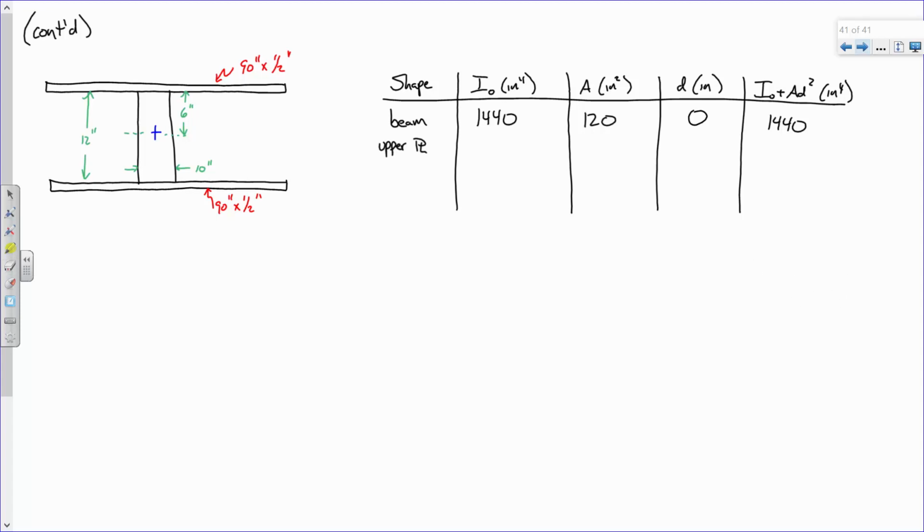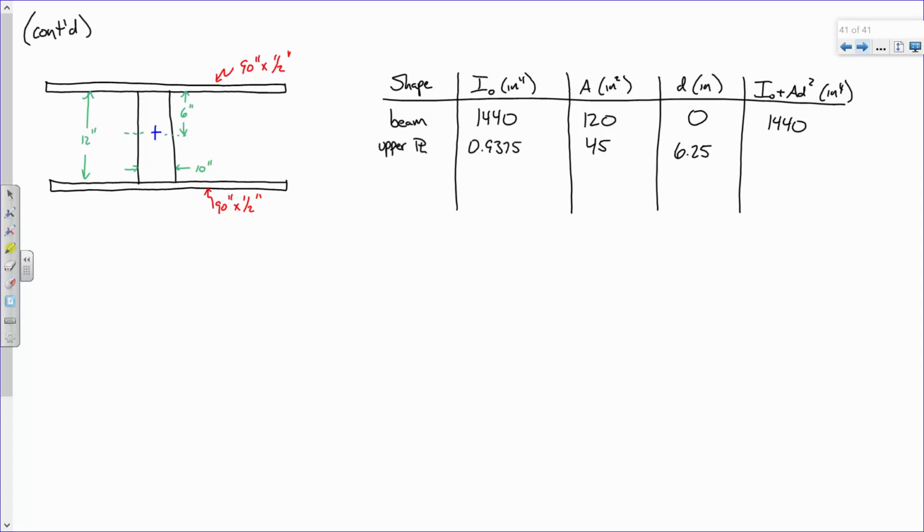All right. So the moment of inertia, now that was something like 0.9375. What is the area? 45. Okay, and what's the distance? 6.25.